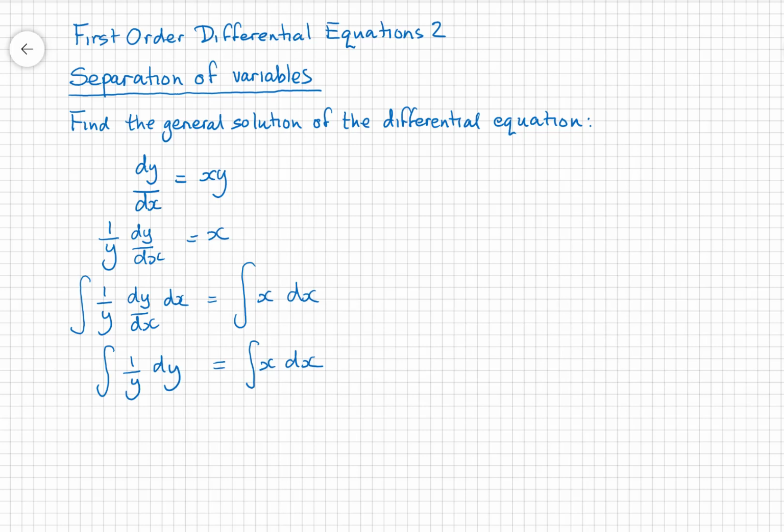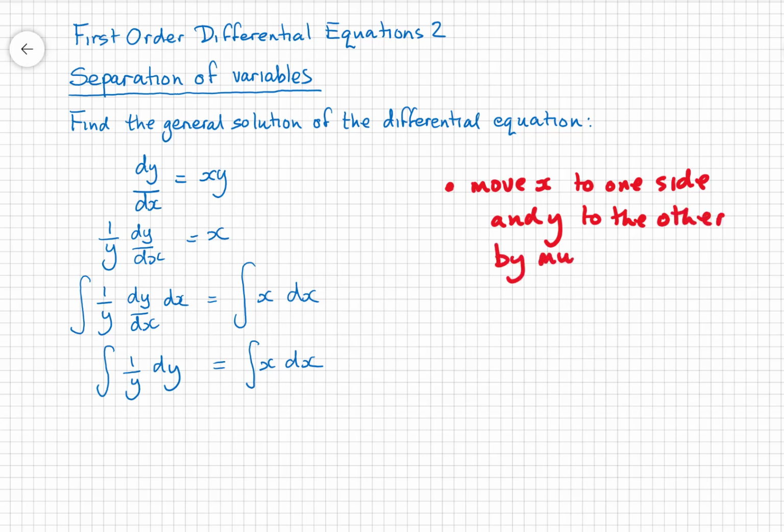What we have to do is, first of all, we move x's to one side and y's to the other, very importantly either by multiplication or division, not involving addition or subtraction.